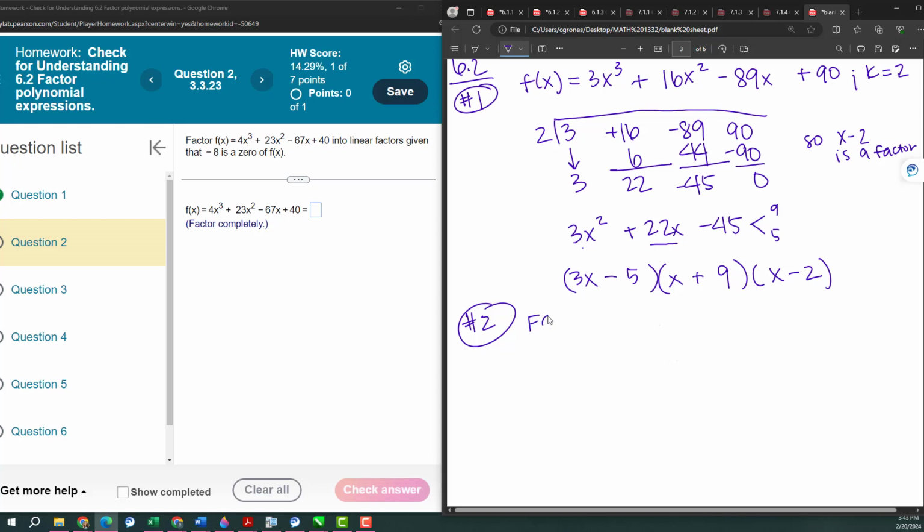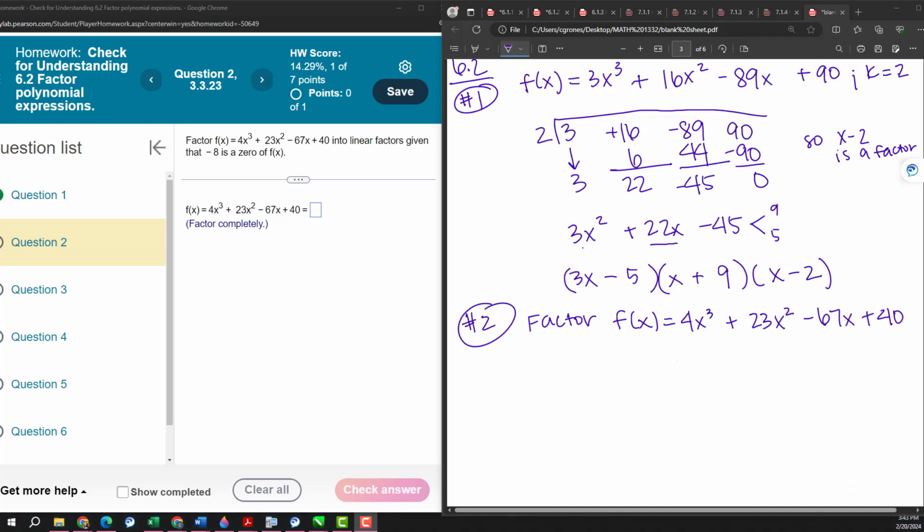And we are going to factor. We have f of x equals 4x cubed plus 23x squared minus 67x plus 40. And then it says factor into linear factors given that negative 8 is a 0 of f of x.